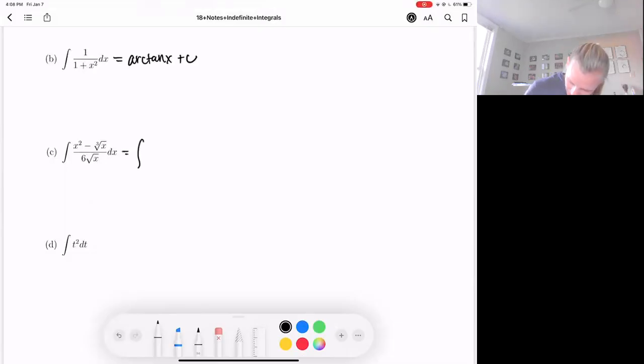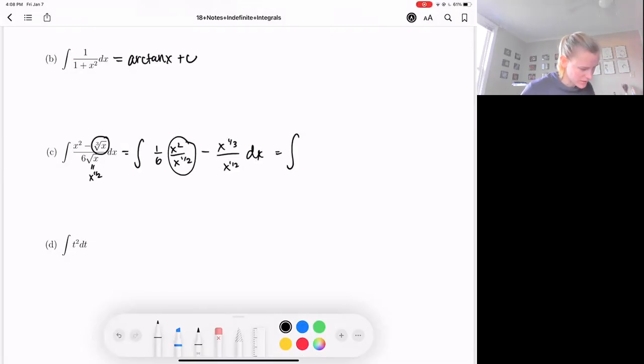This one we need to simplify first. So this is x to the 1/2. So I'm going to get 1/6. Well, I'll go ahead and write out all the gory details. This is x to the 1/3. Now I can subtract these exponents in each case. When I do that, I'm going to get 1/6 x to the 3/2 minus 1/6 x to the negative 1/6.